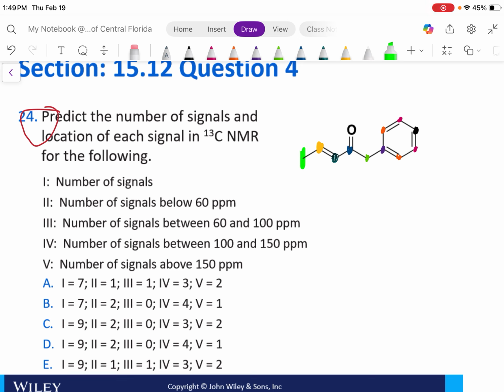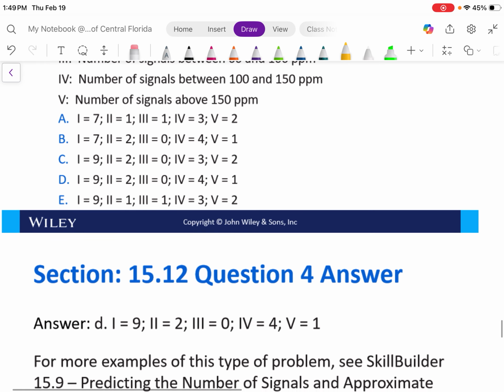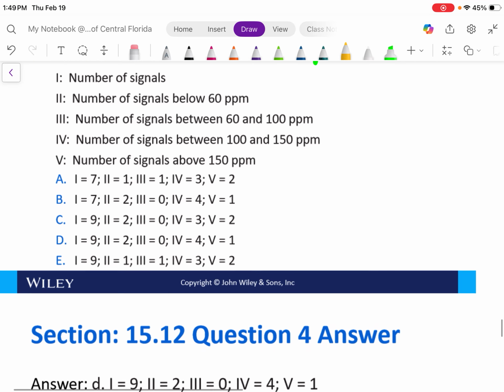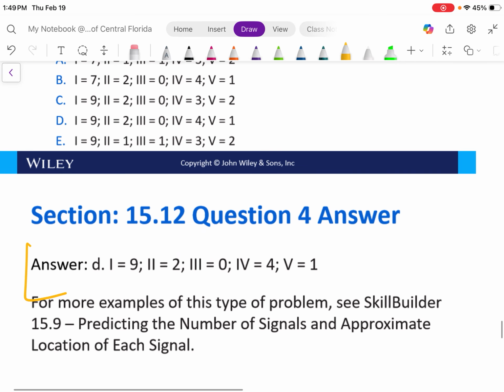So we would expect 9 signals. So everything that's the same color, for example, that red one and that red one, those are equivalent to one another, and those two carbons would only give us 1 signal. And to answer all the other questions, you can see the answer right there.